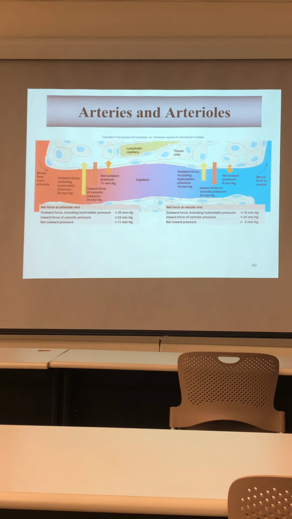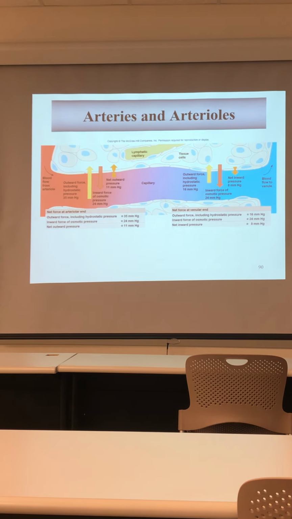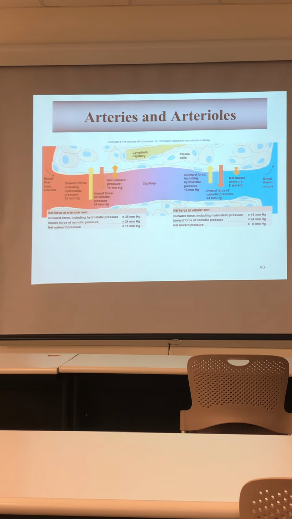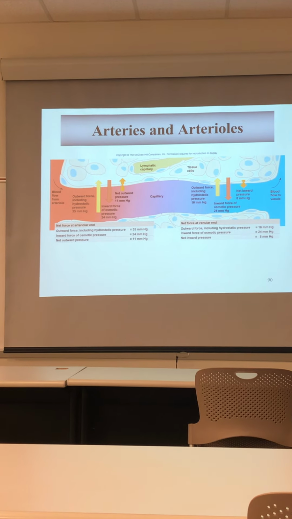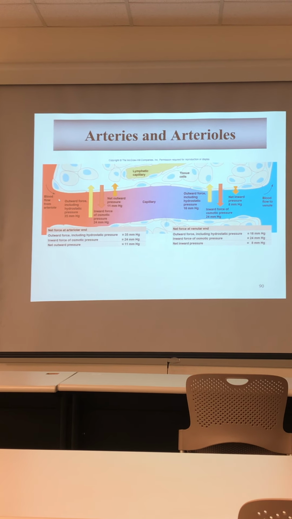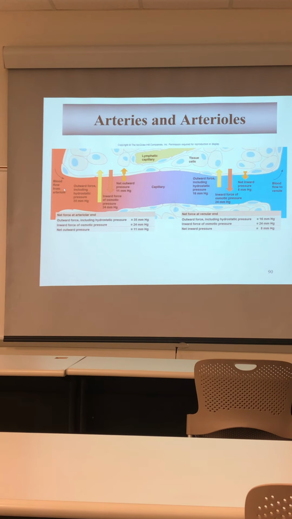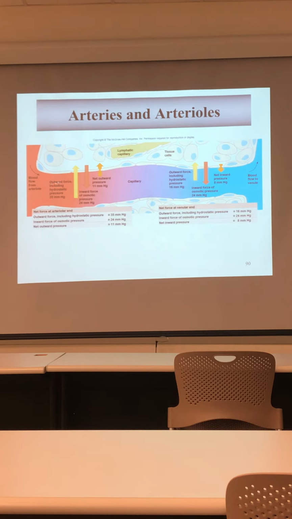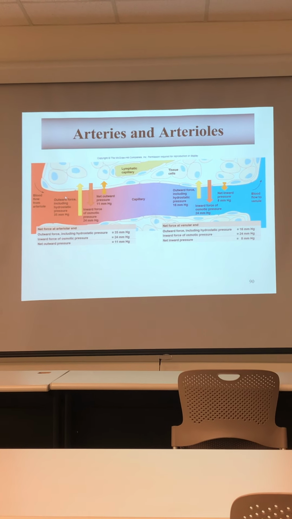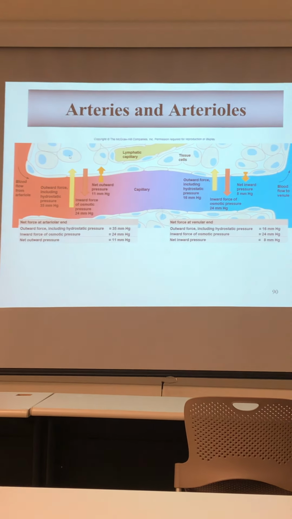That's something good to know. Let's go on here. Those are veins. Okay, we're going to do something here real quick. I don't ever put numbers on the test, but this little schematic here kind of describes that. This all has to do with where plasma is at. On the arterial side, plasma is still in the vessel. So that means the outward force of the plasma is greater than it is on the outside of the vessel, what we call the interstitial space.